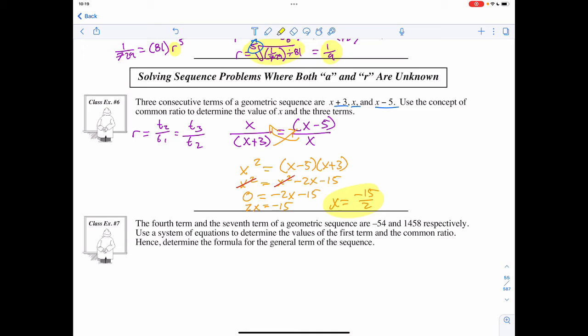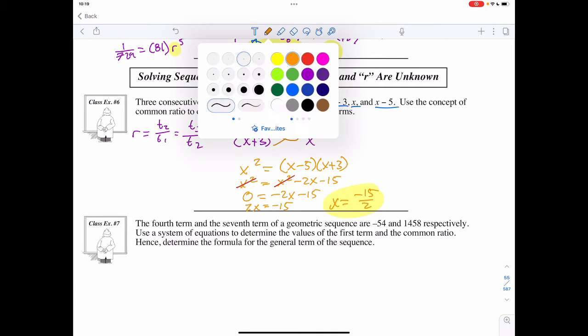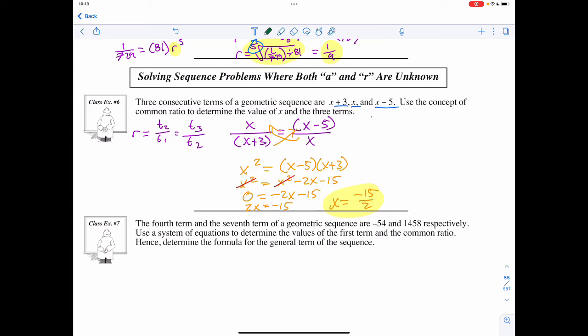If I know that's true, I can use that to solve the first 3 terms. Term 1 is negative 15 over 2 plus 3, or negative 9 over 2. Term 2 is just x, so it's just negative 15 over 2.